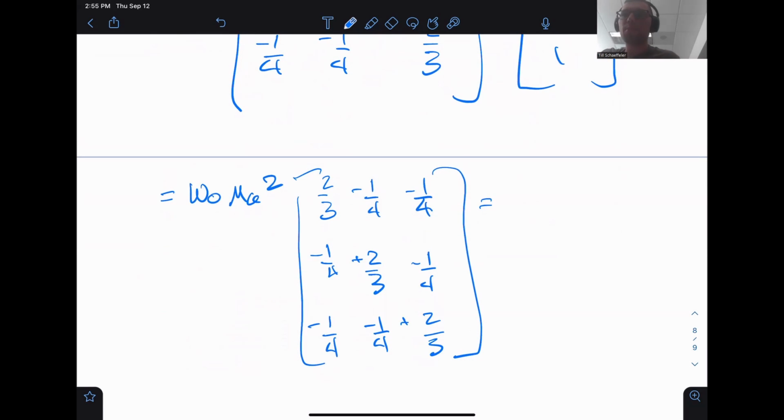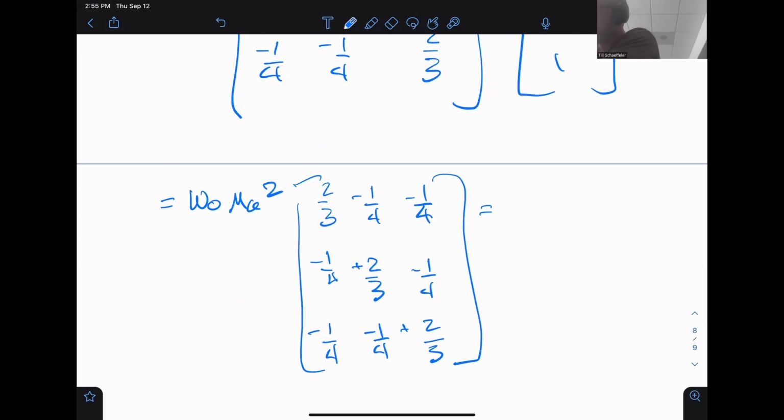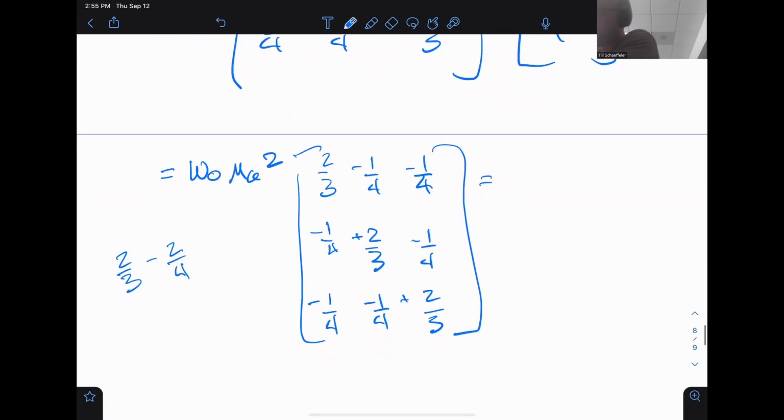And I'm running out of time on the Zoom phone, so I might have to make another part 2 to this video, unless I have 10 minutes, which means I can finish it in this one, as long as I can add these fractions together fast enough. 2/3 minus 2/4.